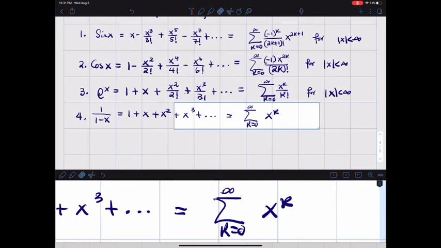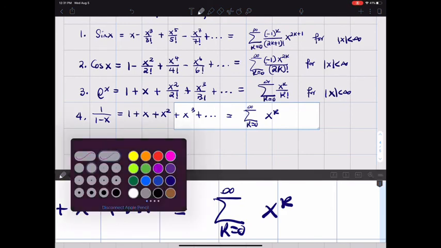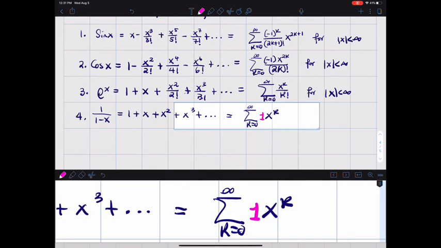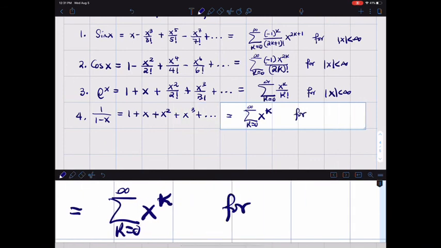So if you put 1 here, that would be your a for the geometric series, and this x would be your r. Okay, so you don't even need to worry too much about the radius of convergence, because this is a geometric series. Its radius of convergence only works when the absolute value of x is less than 1.